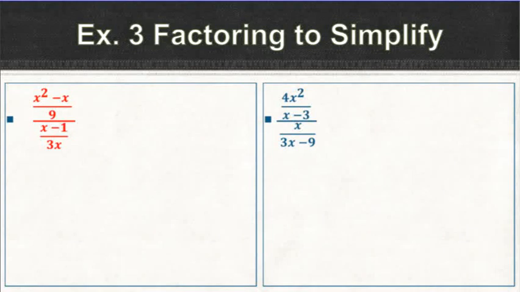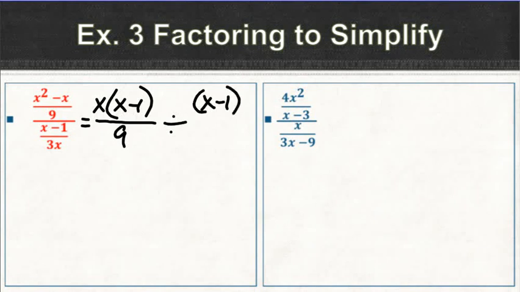We have x squared minus x over 9. So I'm going to rewrite this by factoring it. So I can take an x out. That leaves me with x minus 1 divided by 9. And I'm dividing this fraction by the fraction that's in my denominator, which is x minus 1 divided by 3x.